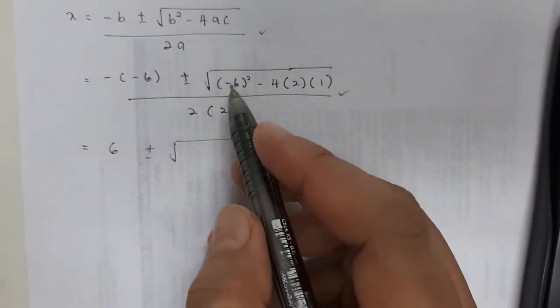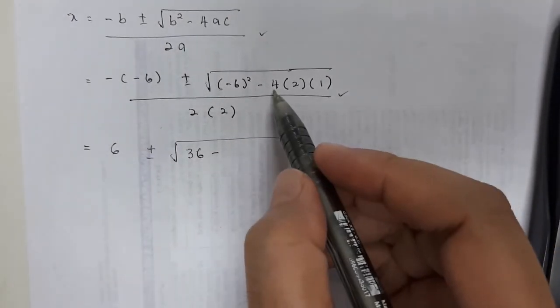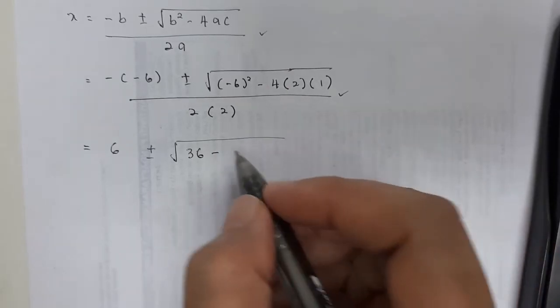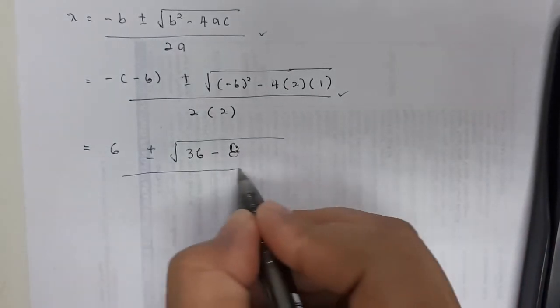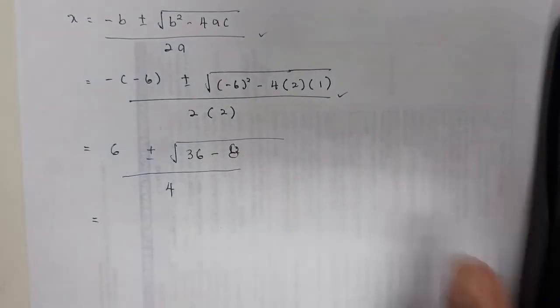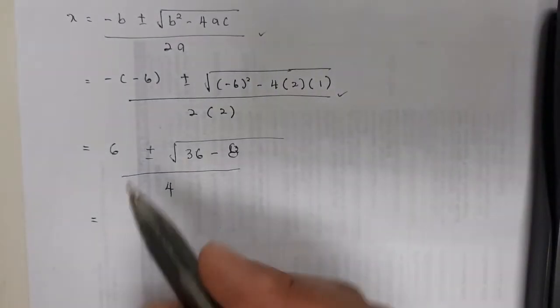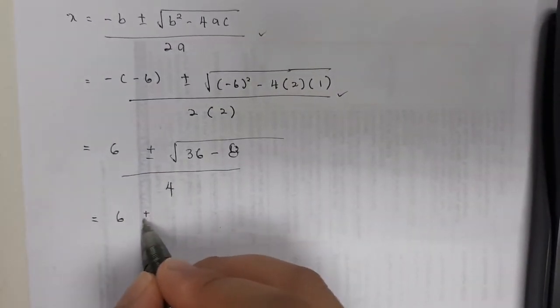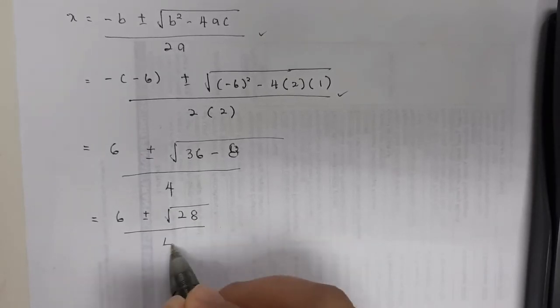Okay, negatif 6 kuasa 2, 36 tolak 4 darab 2 darab 1, 8. Okay, over 2 multiply by 2, 4. Okay, simplify 36 minus 8, 28 over 4.